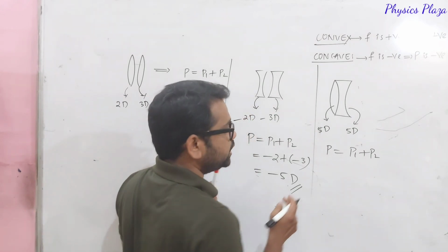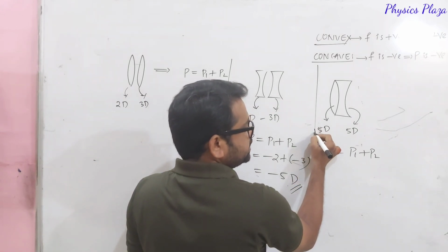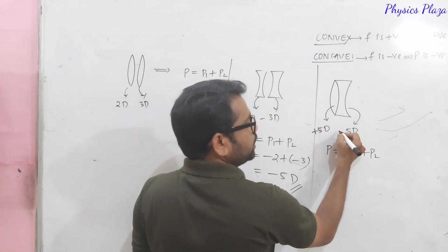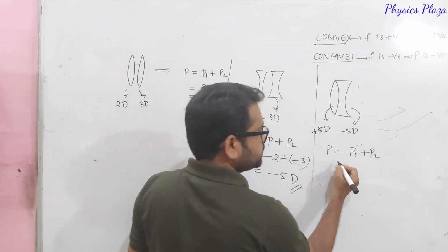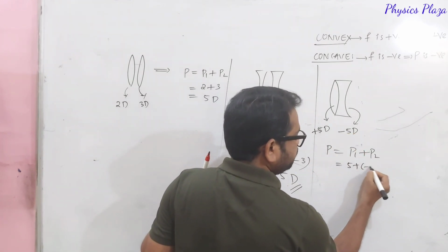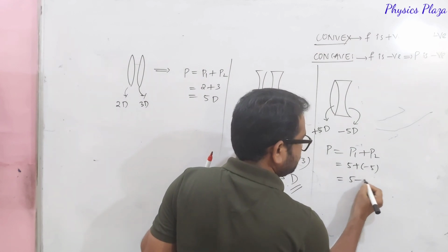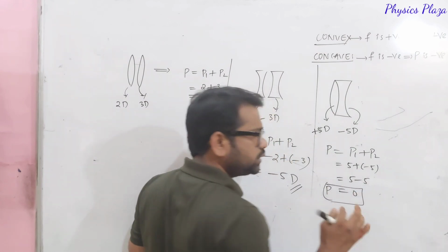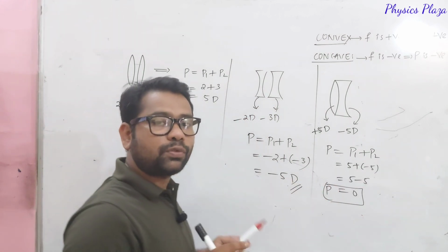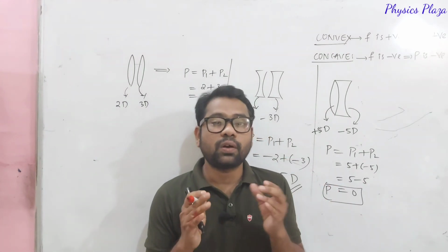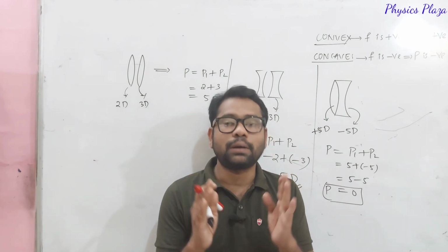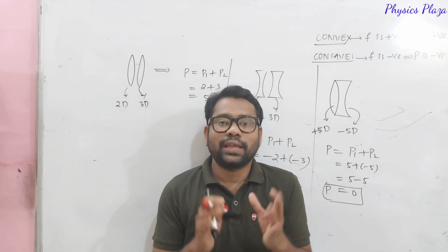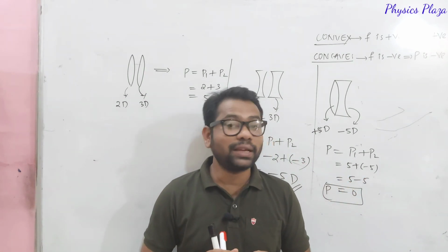The power of a convex lens is positive, whereas the power of a concave lens is negative. So it is 5 plus minus 5, so 5 minus 5. It is 0. Which means what, dear children? There is no deviation. A convex lens and a concave lens of the same power, if combined, behave like a glass slab only.